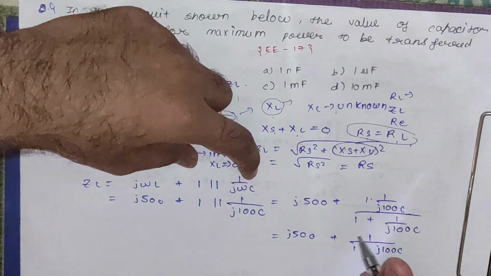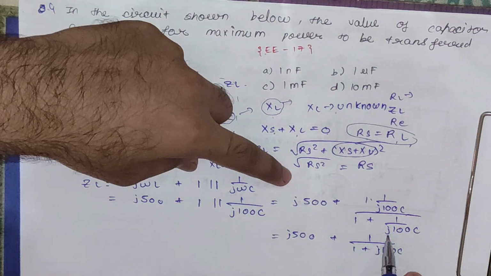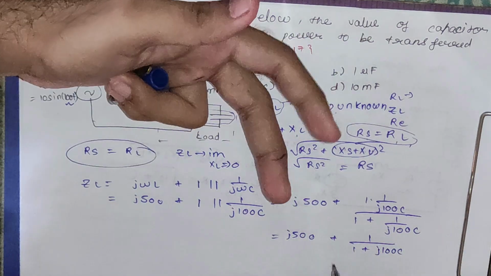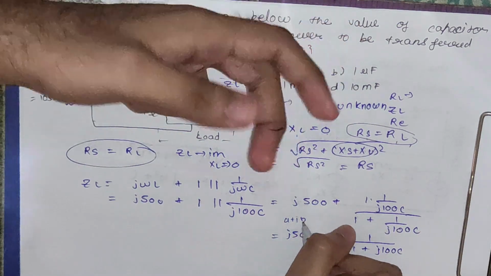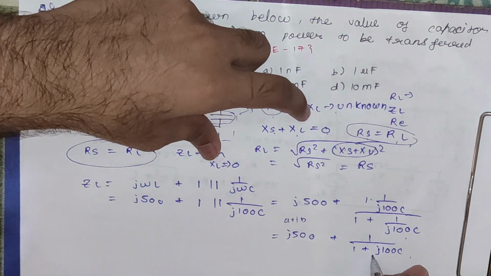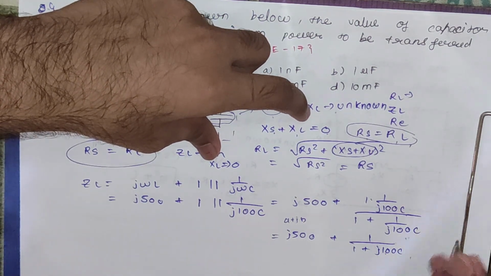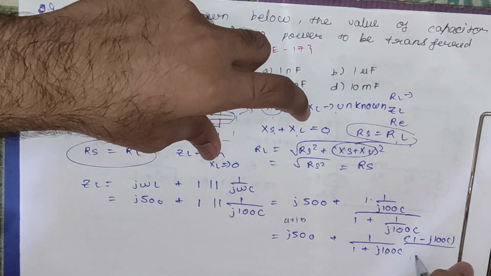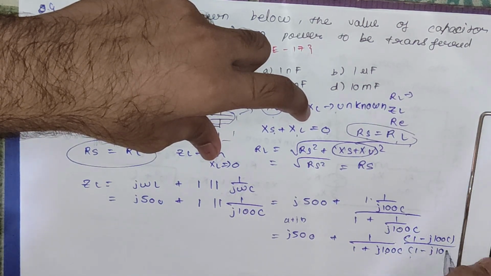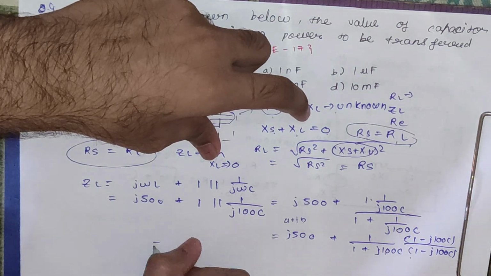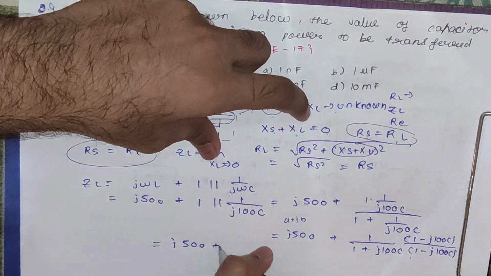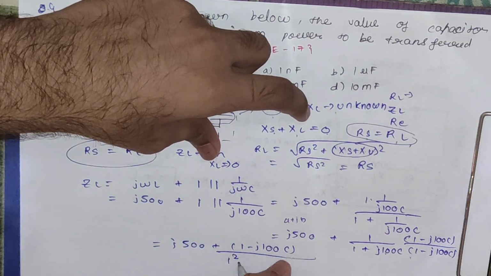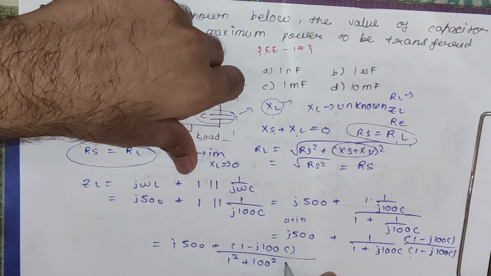The j100C terms got cancelled if you cross multiply in the denominators. So here you are remaining with this. We want ZL to be in A plus jB form, so for that we multiply the conjugate into numerator as well as denominator. So we will get 1 minus j100C upon 1 minus j100C. Here we will get j500 plus (1 minus j100C) upon 1 square plus 100 square C square.